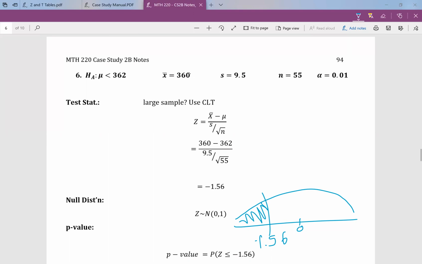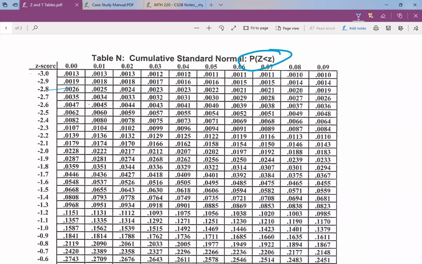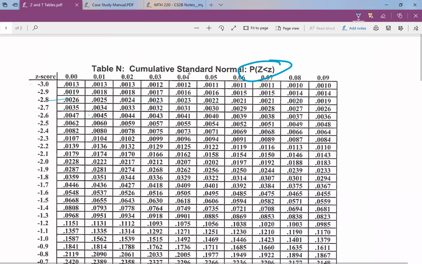Now I go to my chart and I'm looking for negative 1.56. So here I am at negative 1.5 and here's 0.06. So it looks like these lines meet at 0.0594.